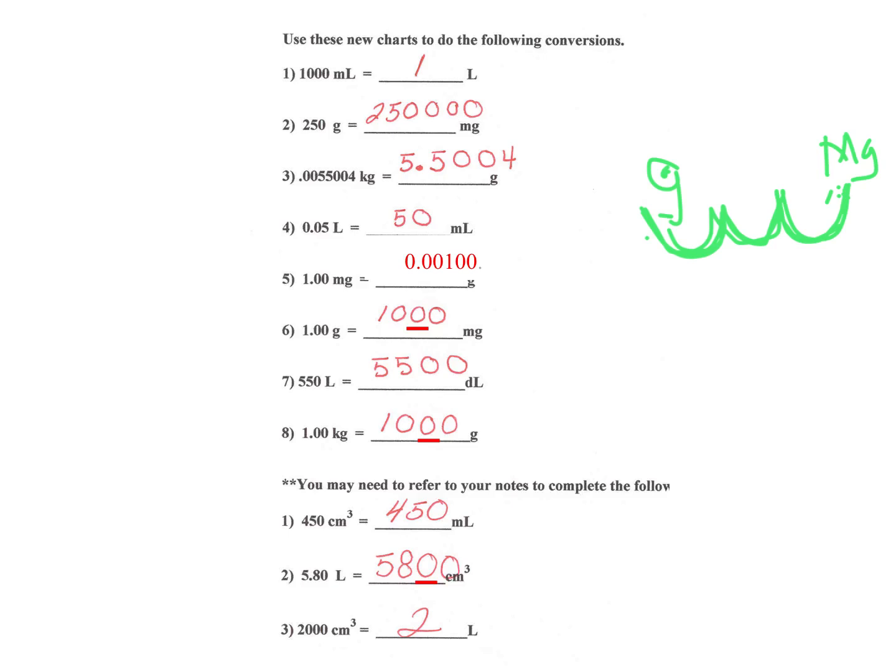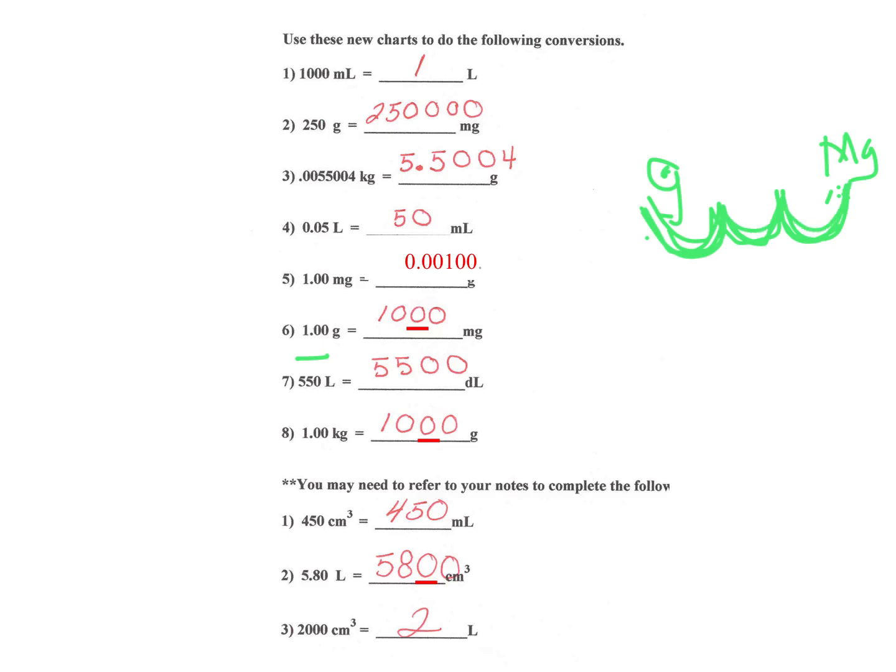That's why I underlined the second 0, because the second 0 was my estimate in the original. Remember, our last significant figure is their estimate. It's still going to be the estimate after I converted it. Okay, so again, I went from grams, 1, 2, 3, to the right.